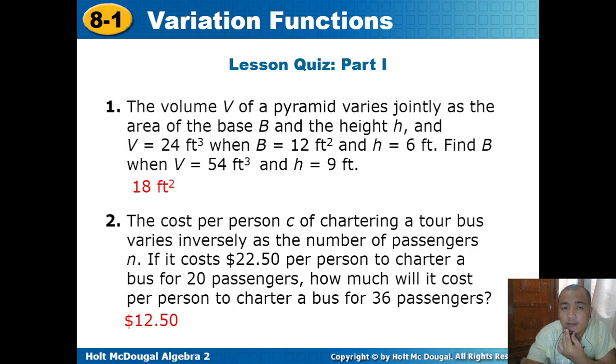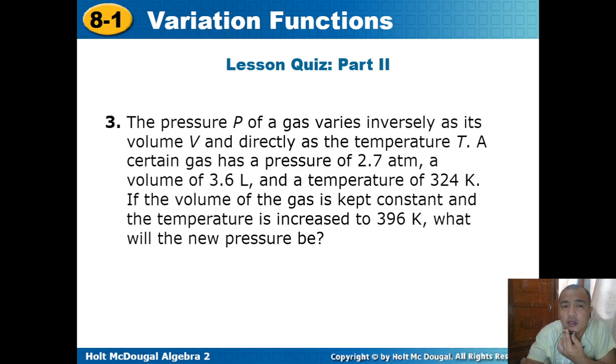Lesson quiz part 1. Screenshot this part. And there is also number 3. This is, I think, inversely. Combined variation, inversely and directly. And the answer is 3.3 atm. Atmosphere. What will be the new pressure?